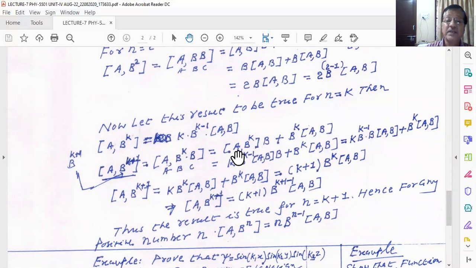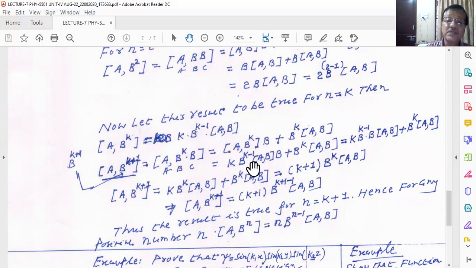Now you see this commutator of A with B to the power of k is already calculated for n equal to k. This result we have already obtained, that is k B to the power of k minus 1 commutator of AB. This value is given here into B, and this is B to the power of k, and this is the commutator of AB, right?